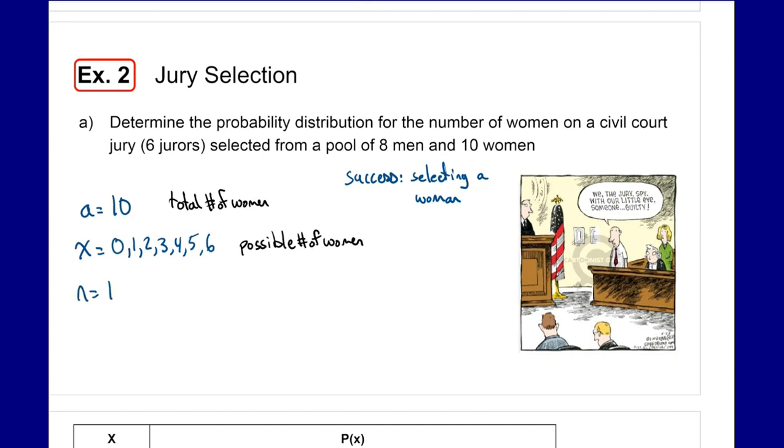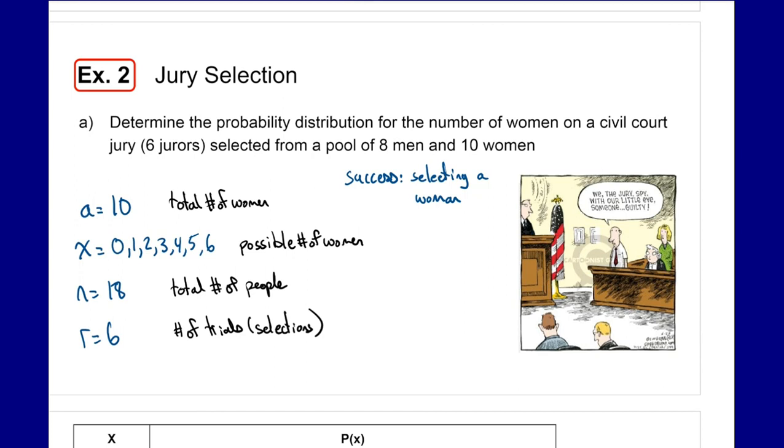N is going to be 18. N is the total number of possible outcomes, so this is the total number of people. And then finally, R is equal to 6. This is our number of trials, or in this case, the number of people being selected. Right, so these are all the values that we're going to use.